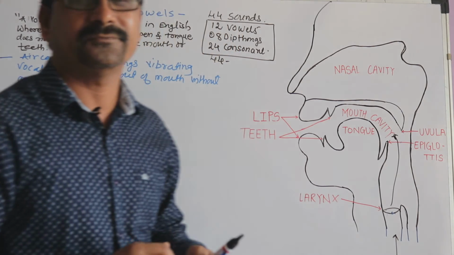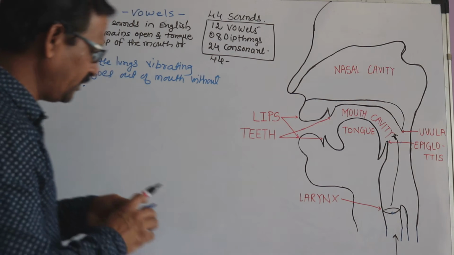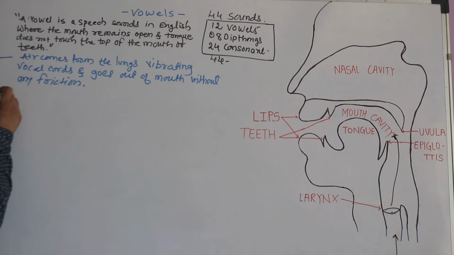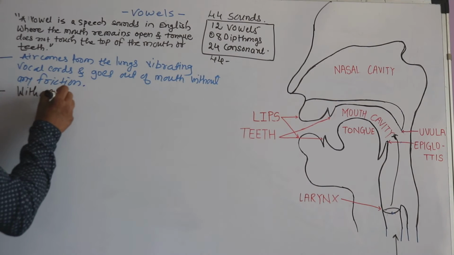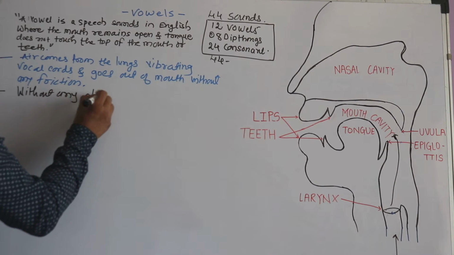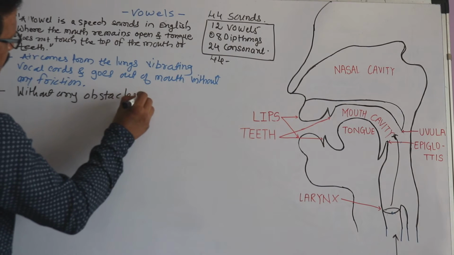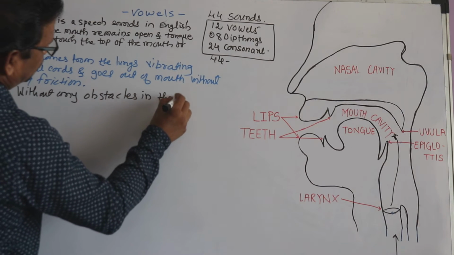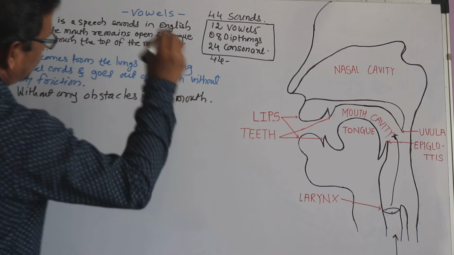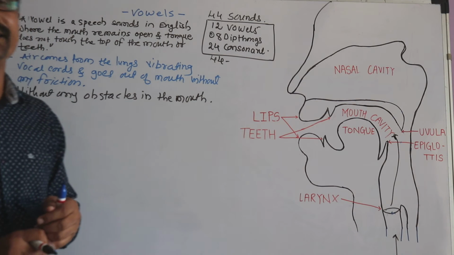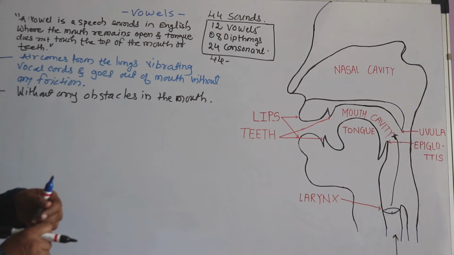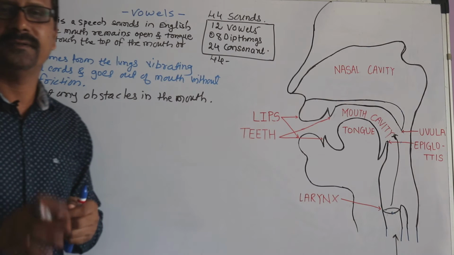That is the vowel, without any obstruction. Air goes out of the mouth without any obstacle in the mouth. There is no obstacle.